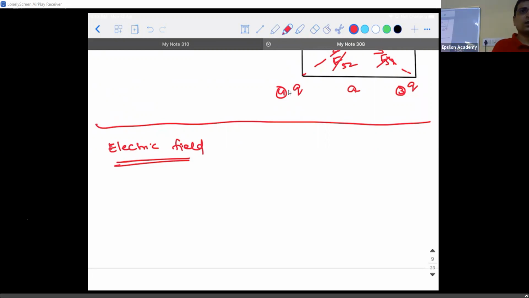Write it down. The region around a charge or charge distribution where the electrostatic force can be experienced is what we call as electric field.